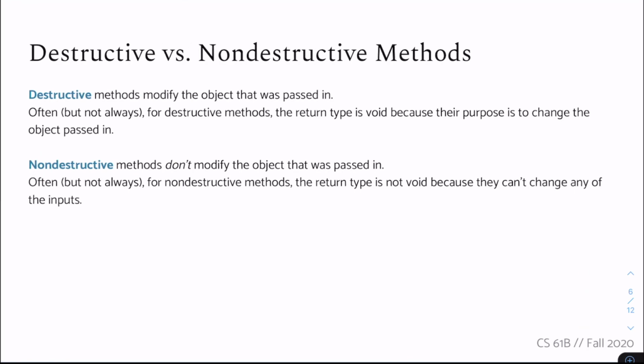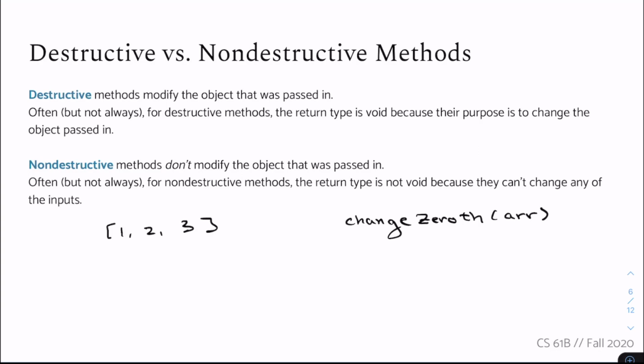Now, the last thing we're going to cover before we get to the actual worksheet is destructive versus non-destructive methods. Destructive methods modify the object that was passed in. So an example would be if you passed in some array 1, 2, 3, and the function was called like change, 0, I don't know.